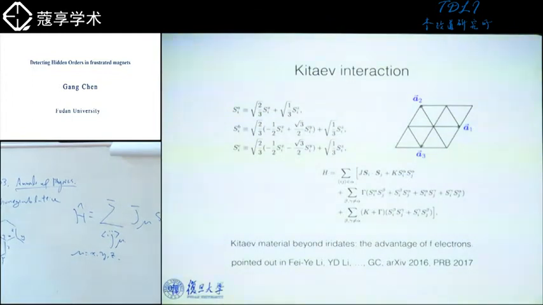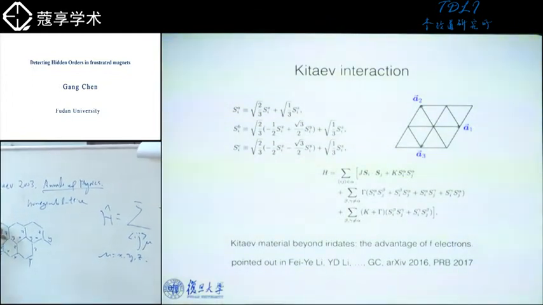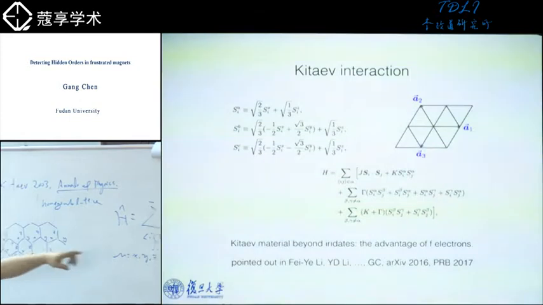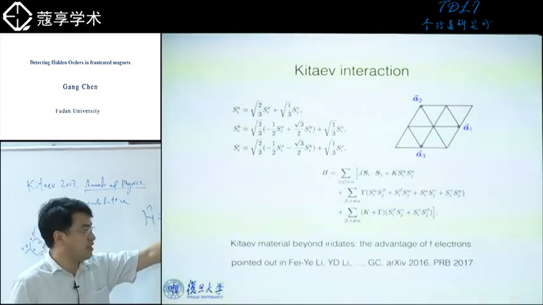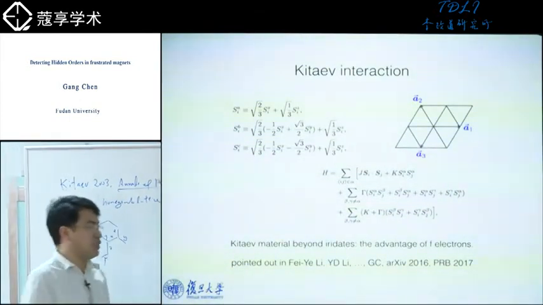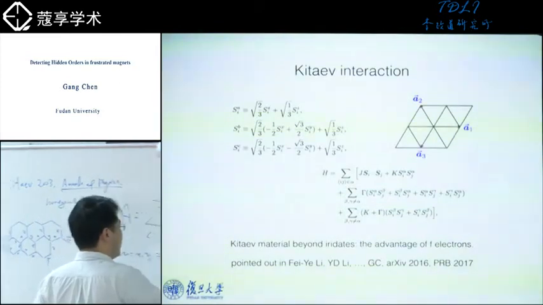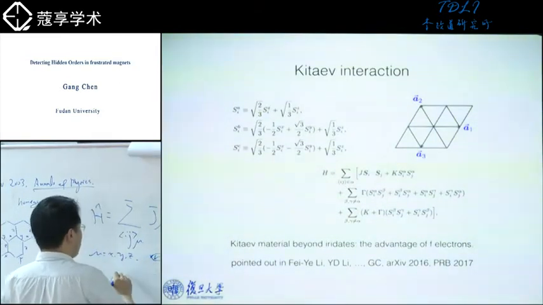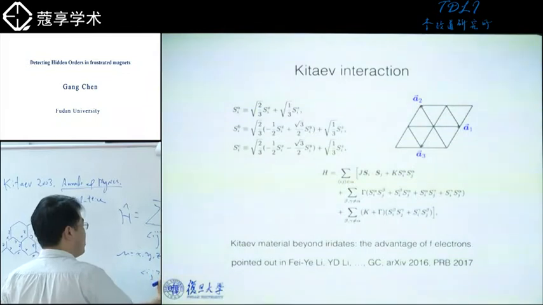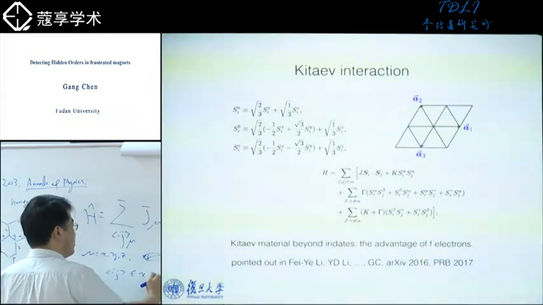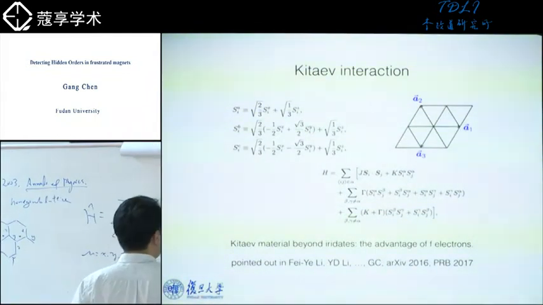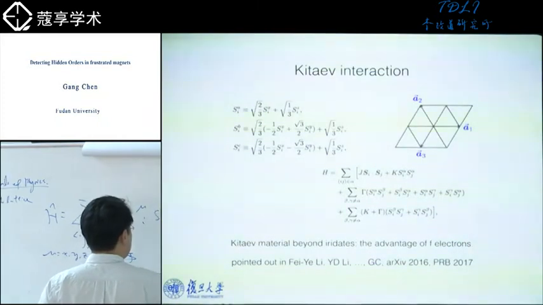When mu equals x, it really means this bond. For ij belonging to an x bond, the Hamiltonian would be Jx SxSx.